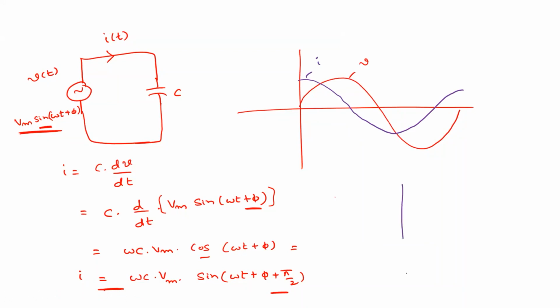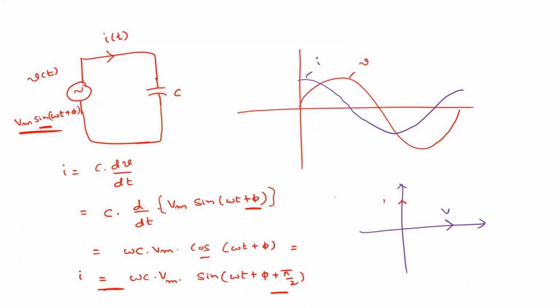If you draw the phasor diagram, suppose this is the voltage, and its corresponding current is leading by 90 degrees.